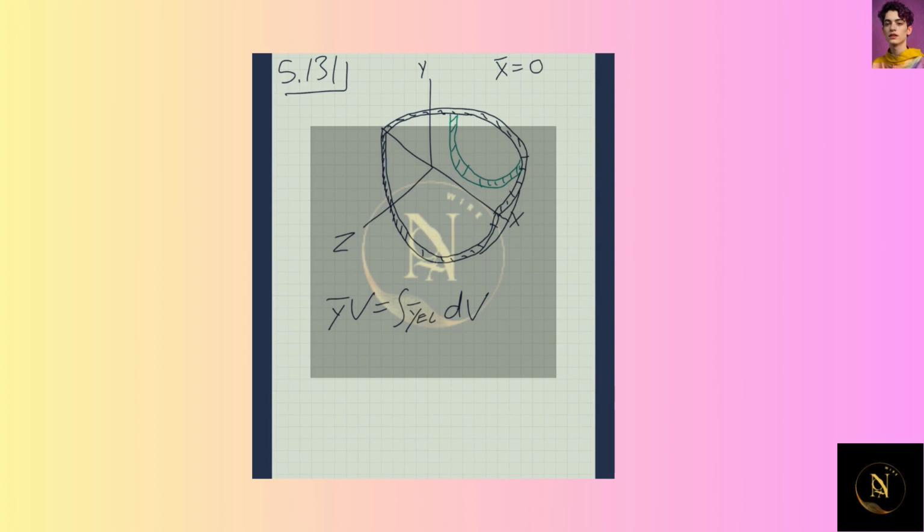And starting off, we can note that the centroid in the x direction is equal to 0 because of symmetry.